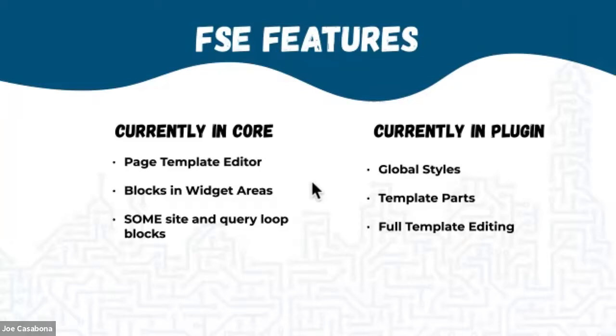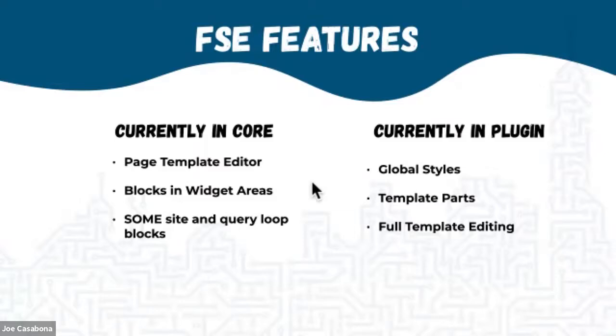There's blocks in the widget areas now. So you're no longer locked into that older looking widget interface, now you can add any block to the widget area. And then some site and query loop blocks. So for example, you can add the site title anywhere. You can add the site logo anywhere, and you can do some basic stuff with the query loop block, which eventually is going to get renamed to the post template block.